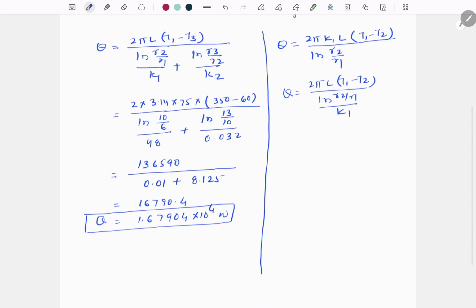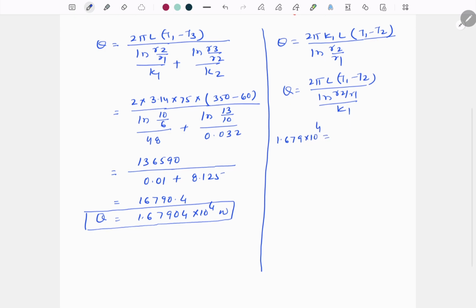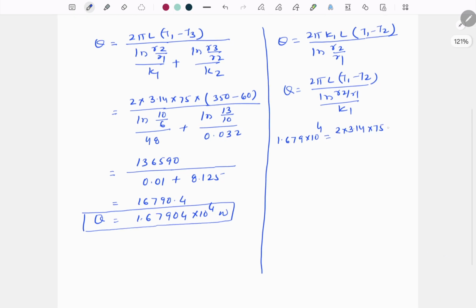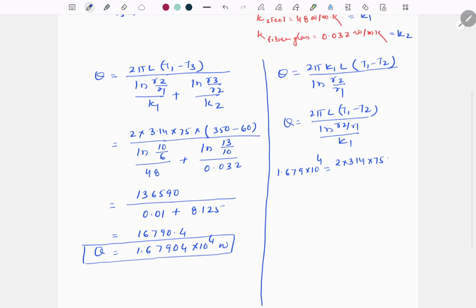So this we know. What is the value of Q here? Q is 1.679 into 10 to the power 4 is equal to 3.14, the value of pi, 75 is the length. T1, we know the value of T1 is 350, but T2 is unknown to you. This we have already calculated, and the final value is this.